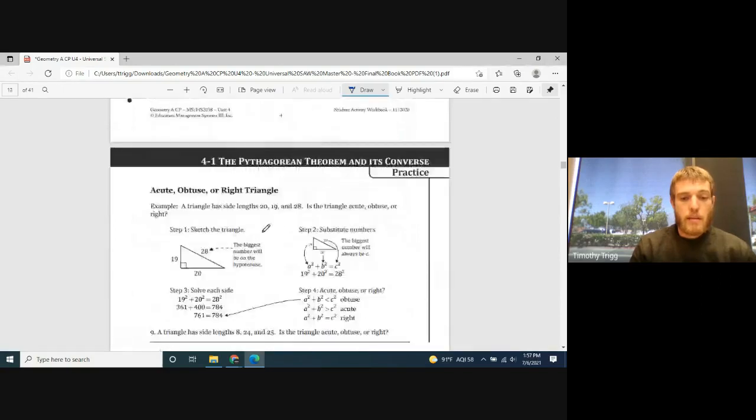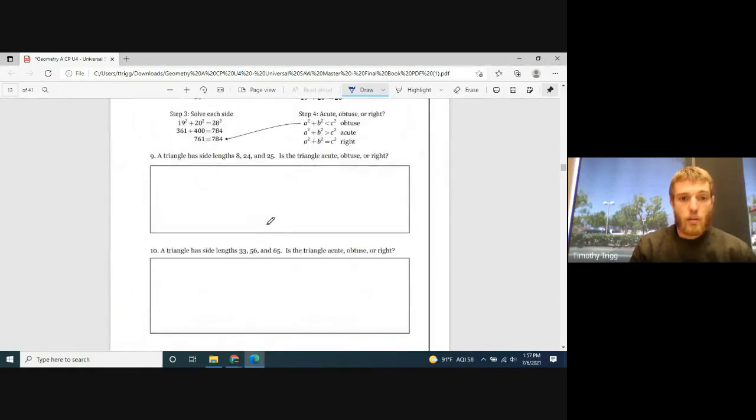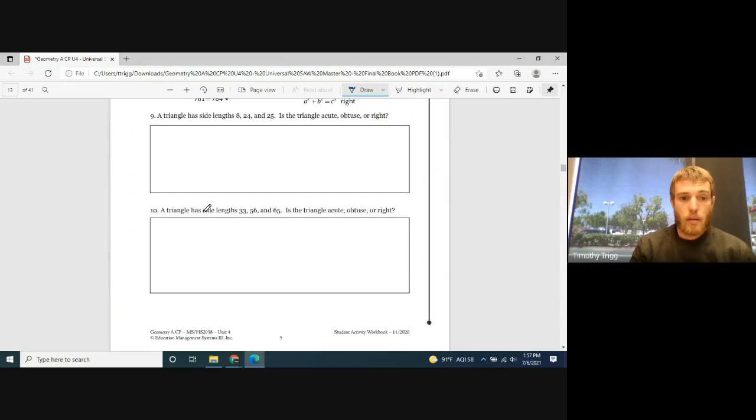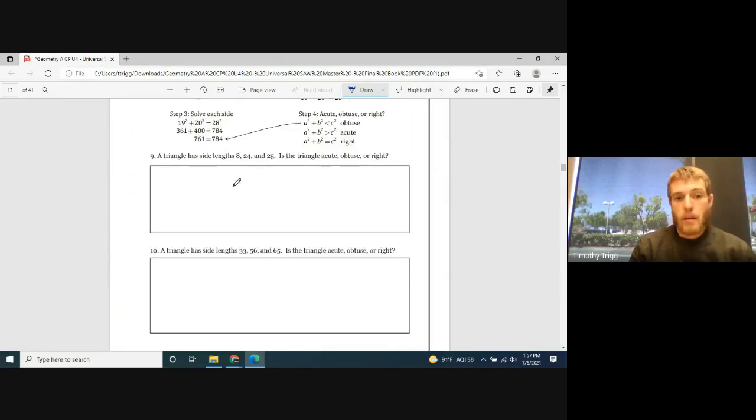With that in mind, see if you can do number 9 and number 10 here. They want to see, is this an acute triangle, obtuse triangle, or a right triangle? Now keep in mind, the C is always the longest side. So when you set this up, if it has 8, 24, and 25, the 25 must be the C squared, okay?